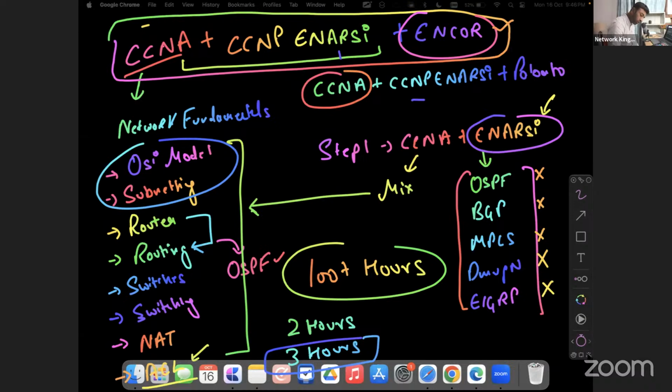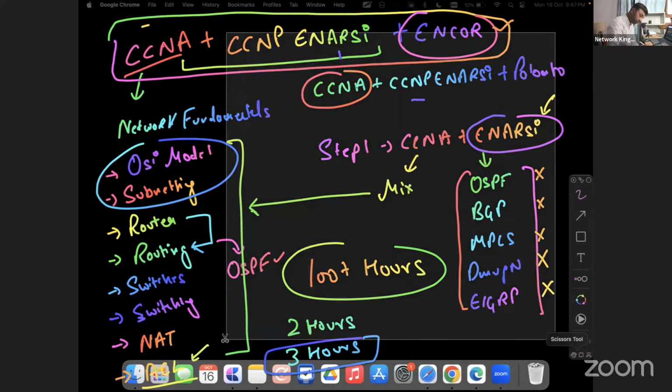Okay, so now let's talk about the schedule of this batch. What is going to be the schedule right now? It's Monday and Tuesday. Why am I not teaching 5 days, let me tell you. This is a combo CCNA plus ENARSI.